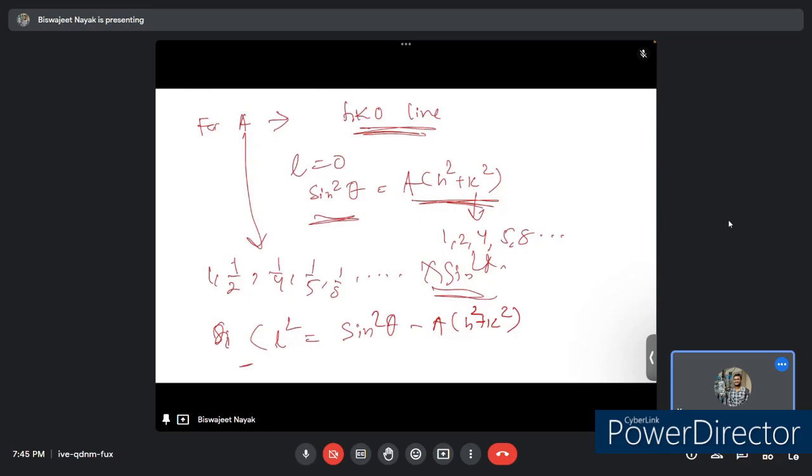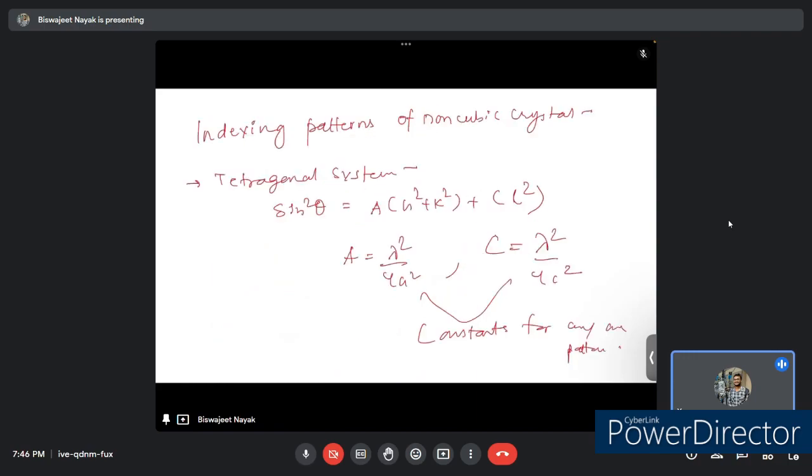So how can A be found? For A, we take the HK0 line, and when l is 0, sin square theta is A(h square plus k square), and the permissible values for h square plus k square are 1, 2, 4, 5, 8.